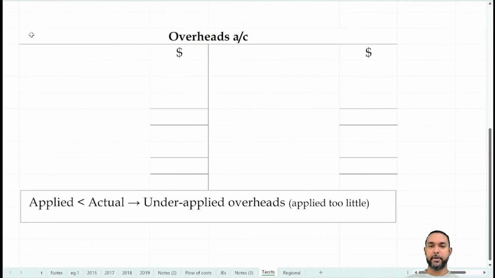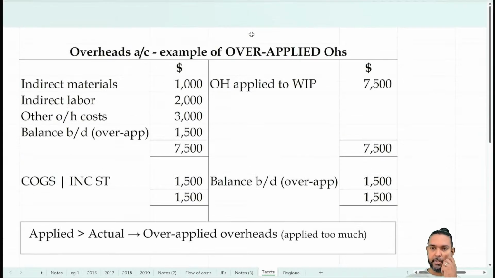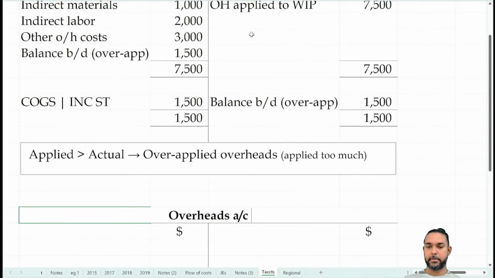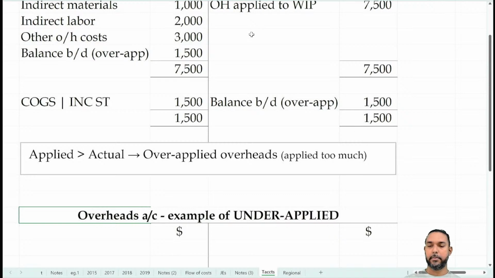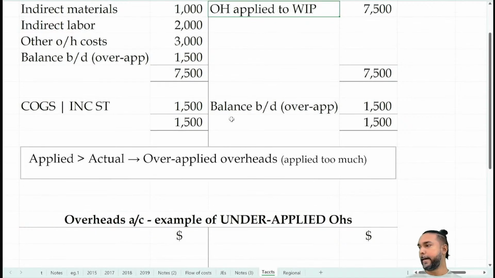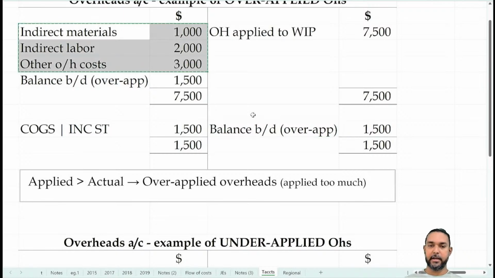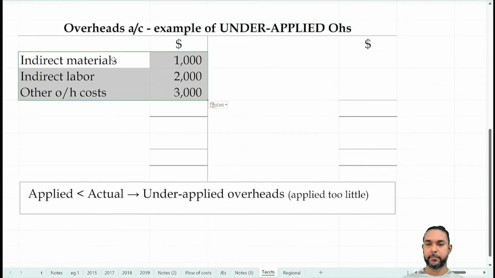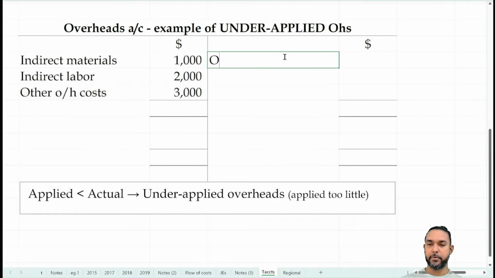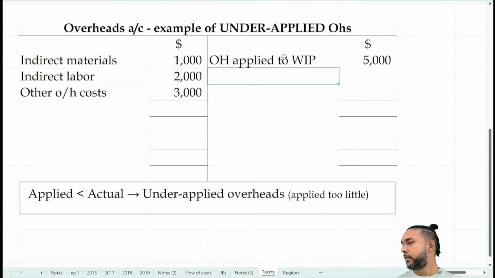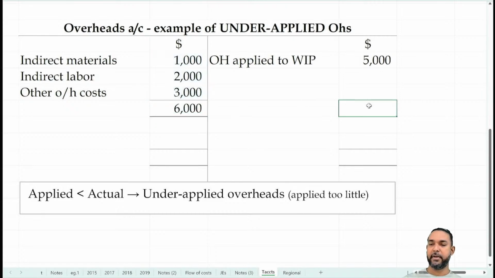So this one here for the overheads account is an example of under applied overheads. I'm just going to borrow the same figures. Let's say in this case the overhead applied to work in process was 5,000. This total here is still 6, this is 5, so we're clearly going to have a balance carried down.